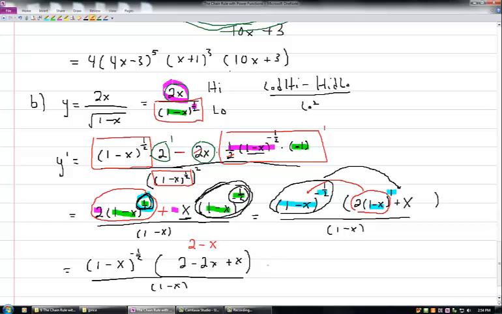And so my final answer will be equal to 2 minus x on top. And then on the bottom, I'm going to have a 1 minus x. And because this exponent is negative, it's going to go on the bottom too, and so I'm going to have the square root of 1 minus x. And remember, the rule is if you give it to me in radical form, I'll put it back into radical form for my final answer.